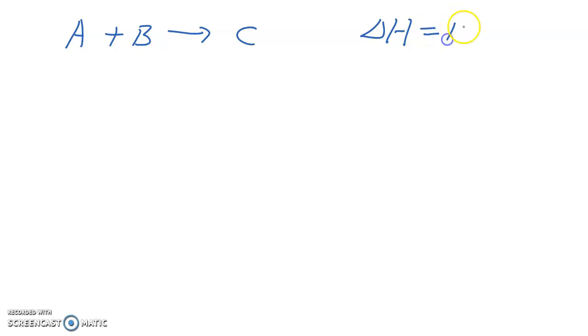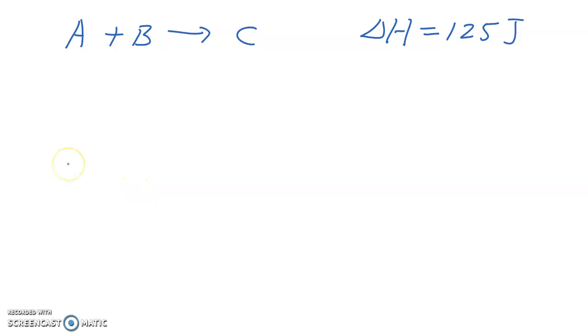Okay, let's try an example. For example, if I have A plus B, that is going to give me C. Let's say the delta H for this reaction is 125 joules.